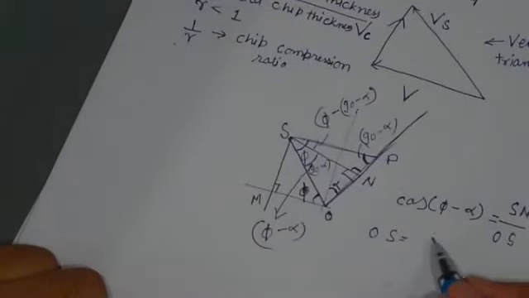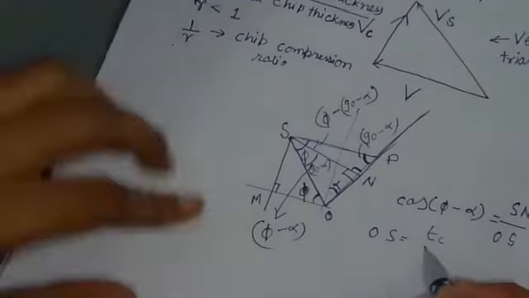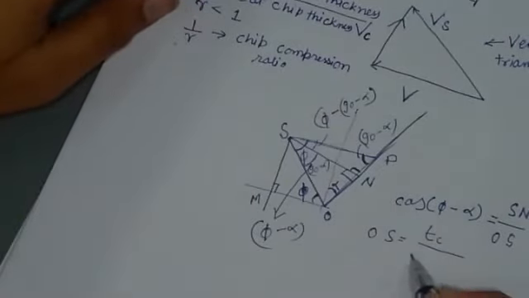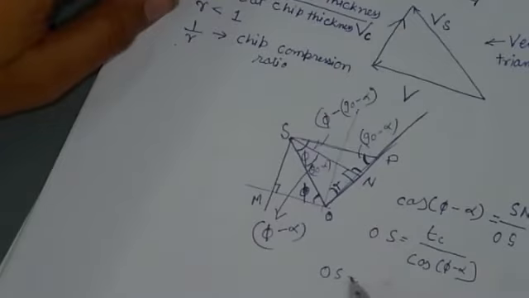So we can write Os is, Sn is Tc over cos(phi minus alpha). Or you can write Os is also equal to T naught over sine phi.